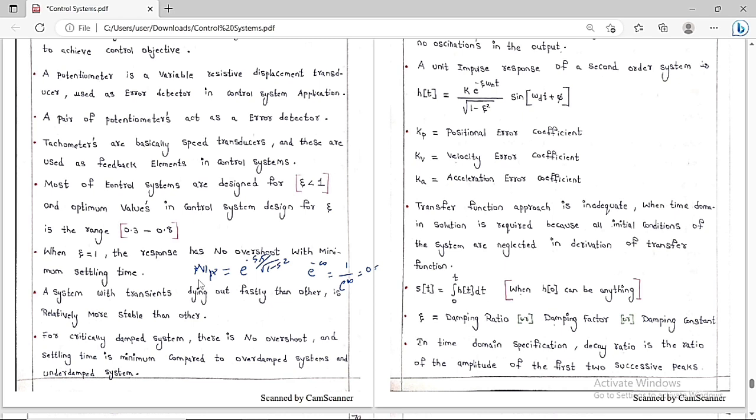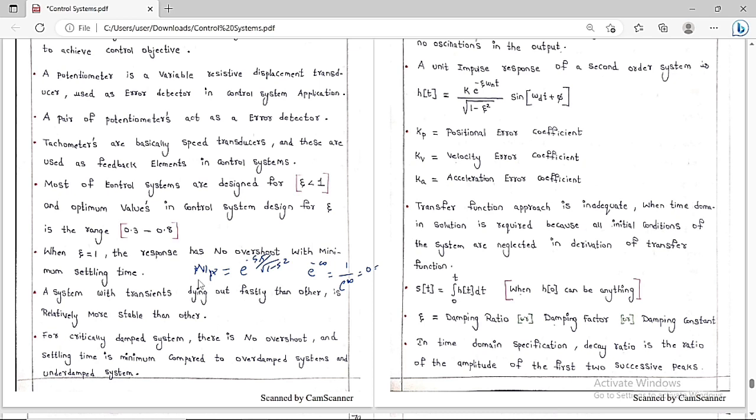So for insignificant poles, their transients die very fast and they are more stable. For dominant poles, their transients die very slowly, and this is less stable. Finally, a system with transients dying out faster than another is said to be relatively more stable. In simple terms, whichever system's transients die faster, that system is more stable compared to the other one.